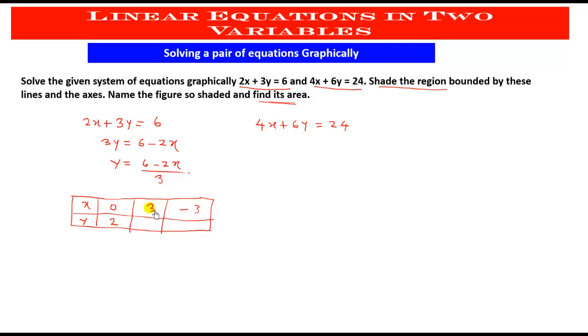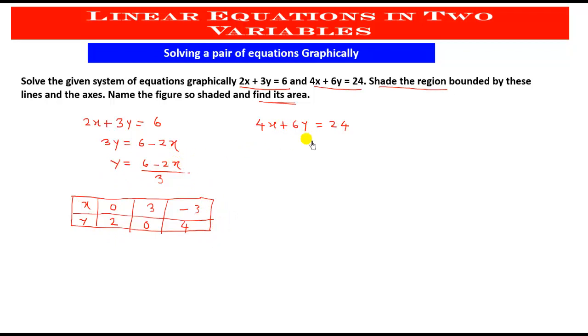Now put the value of x as 3, so 3 2s are 6, 6 minus 6 upon 3 will be 0, so the corresponding value of y will be 0. Now we take the value of x as -3, so it will be -3 into -2, that will be +6, 6 plus 6 will be 12 divided by 3, so 3 4s are 12, so the corresponding value of y will be 4. So here we have got the 3 possible solutions for this equation.